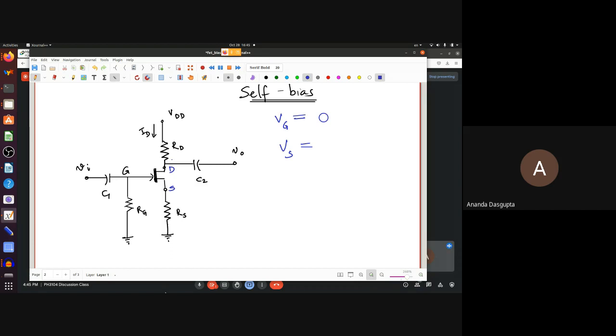So how much is the current flowing through RS? Can anybody tell me that? At least one of the currents that has been indicated in the circuit, ID. Okay, that's given. Okay, that's not given. You have to find it out. But in terms of ID, can you tell me how much current will flow through RS?